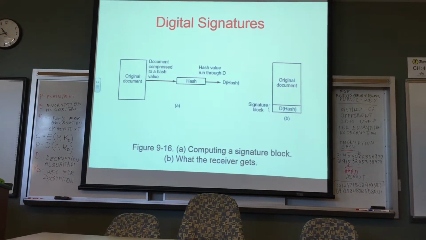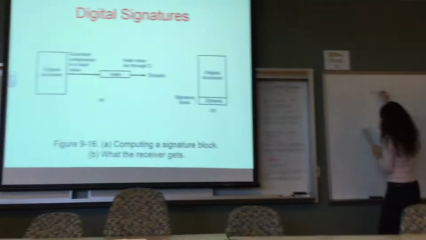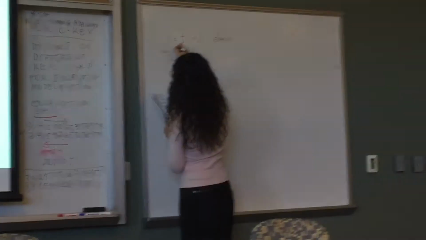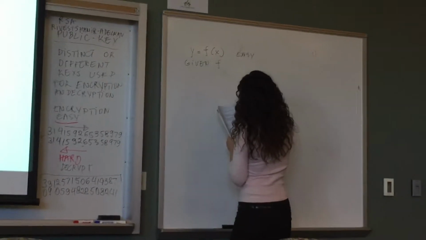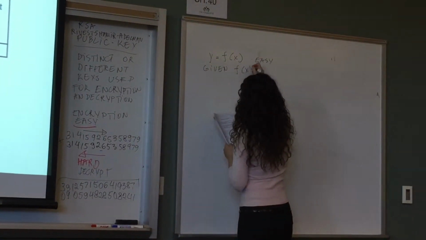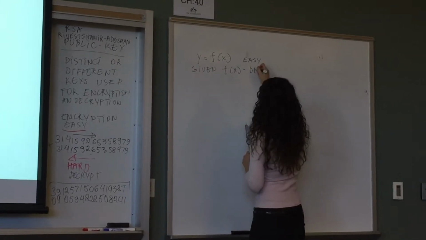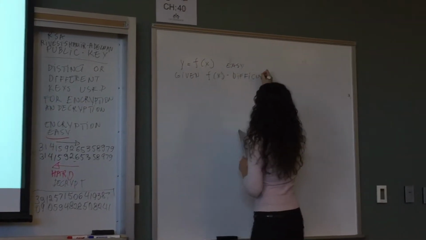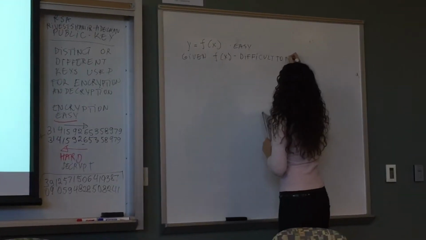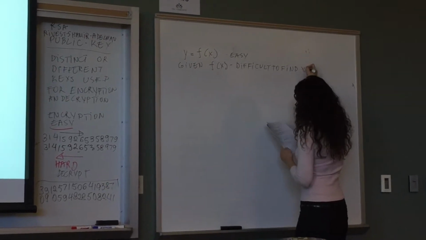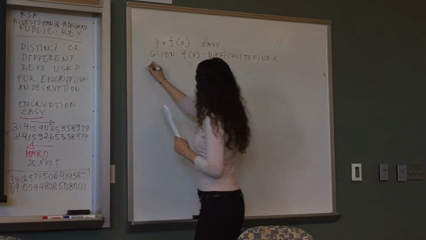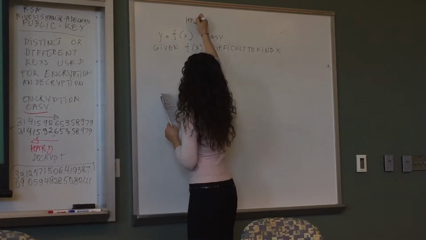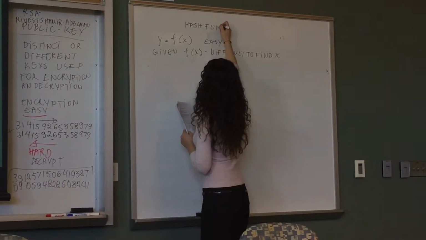So why f of x is easy, given f of x, it's difficult to find x. So this is pretty much a one-way hash function.